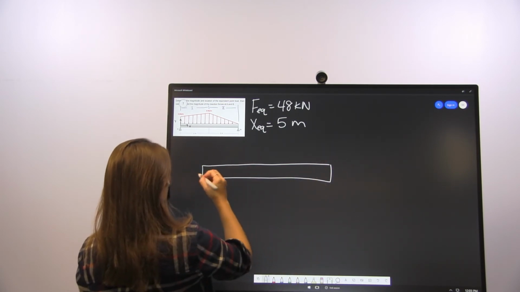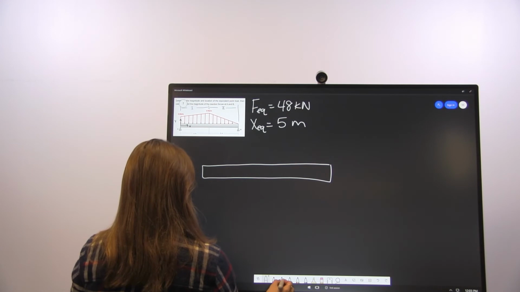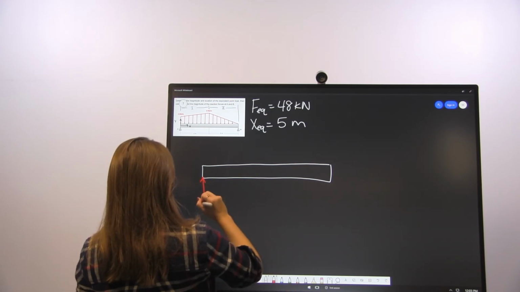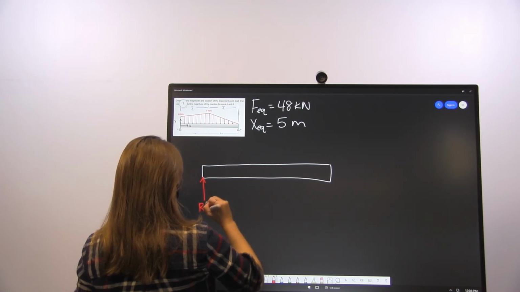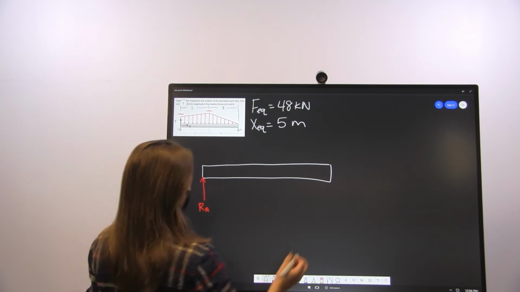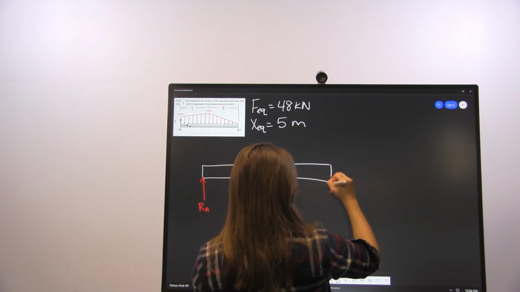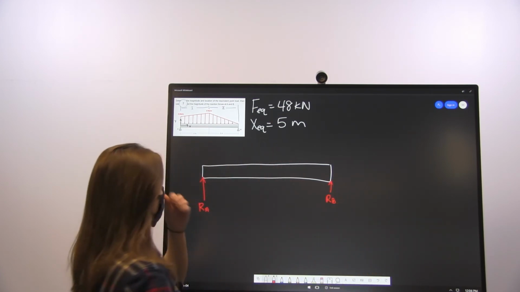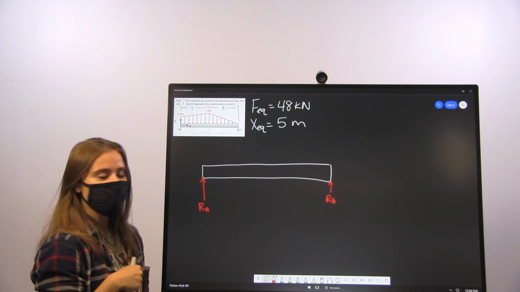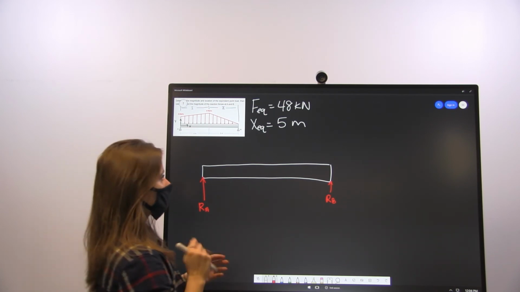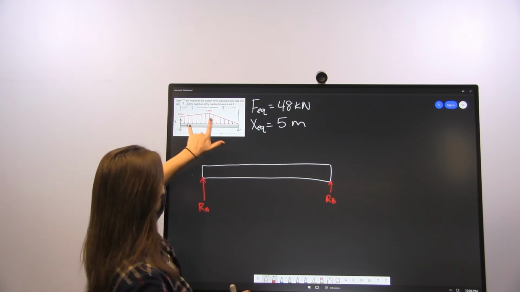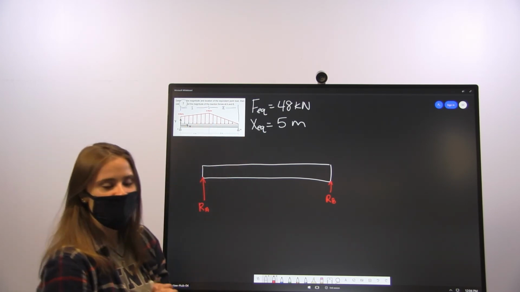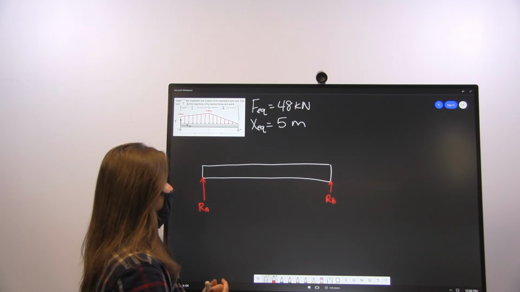So we have this upward force. This is our reaction at A. And then we also have our reaction at B. Both going to be upward. And we're just going to draw our equivalent point load here, where that's all we're going to need to draw. We don't have to take into account these distributed loads, since we're doing that by using the equivalent point load.